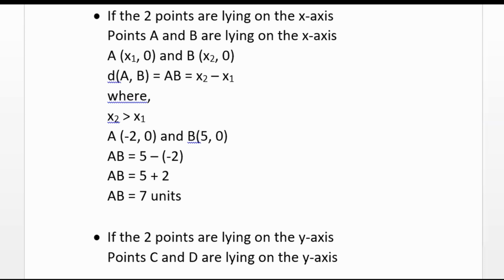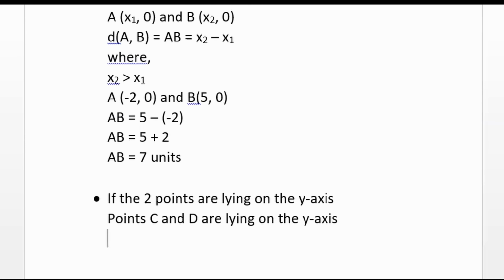Always remember, whenever any point is lying on the y-axis, its x coordinate is always 0. So let's assume that the coordinates of points C and D, as both are lying on the y-axis, have x coordinate 0. Let the y coordinate of point C be y1 and the coordinates of D will be 0, y2.